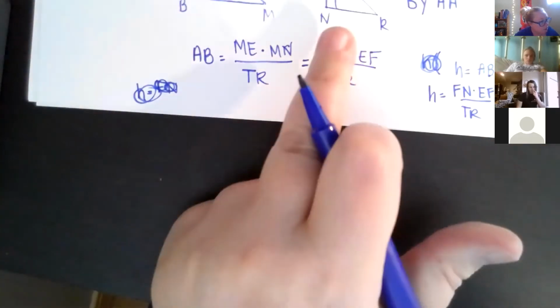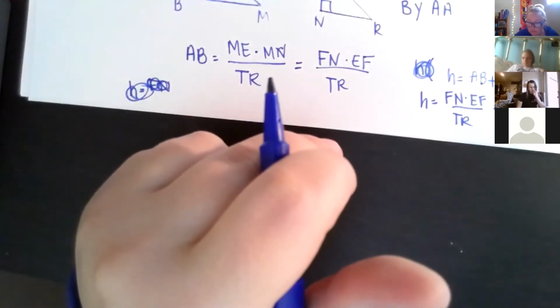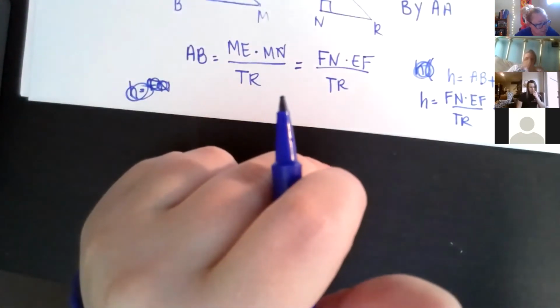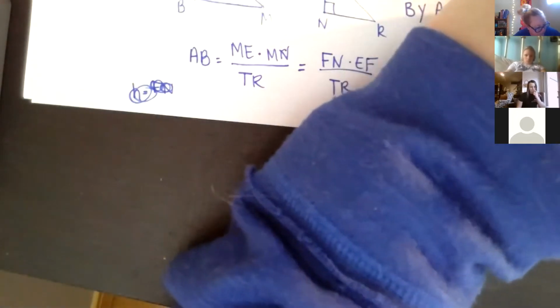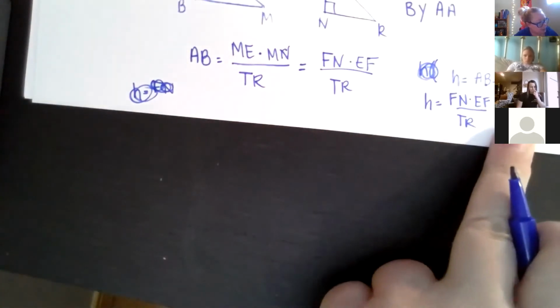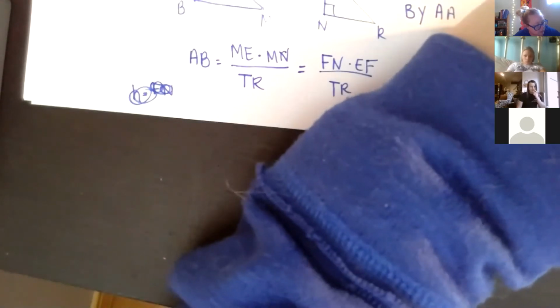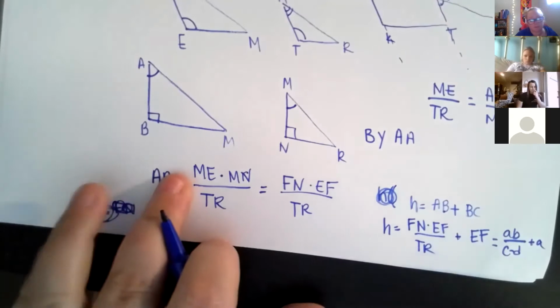And then TR, here to here, is going to be C minus D, because that's going to be translated over here because those are similar. So that'll be C minus D. And then who is EF? EF is just A. That's where that came from.